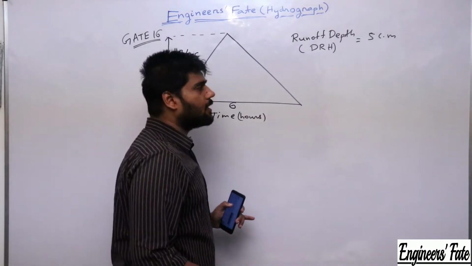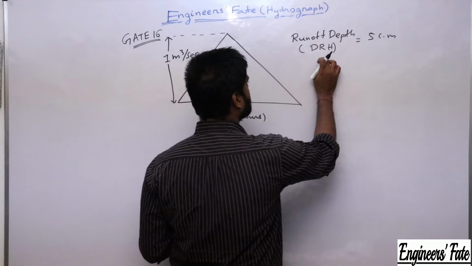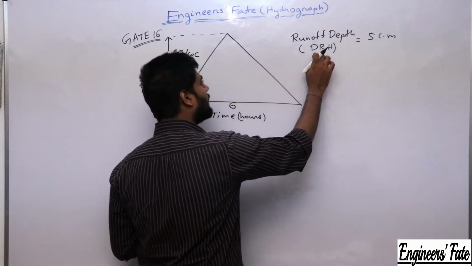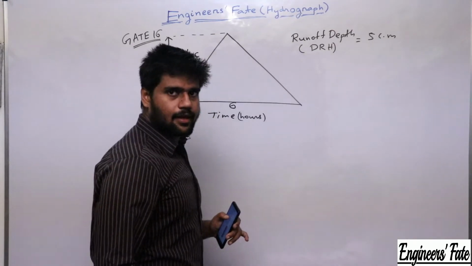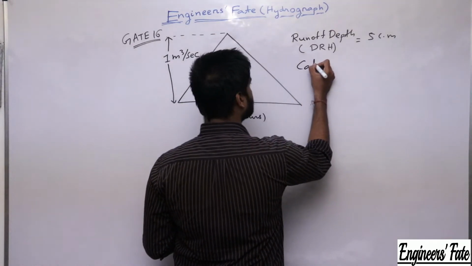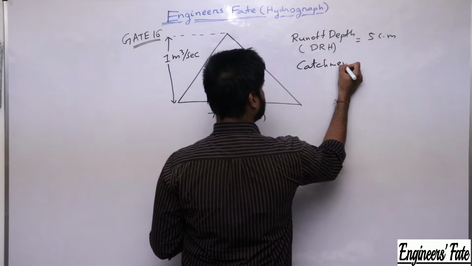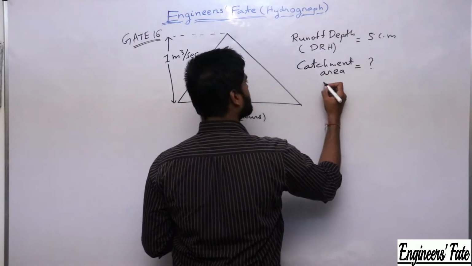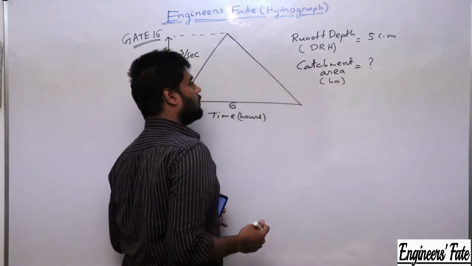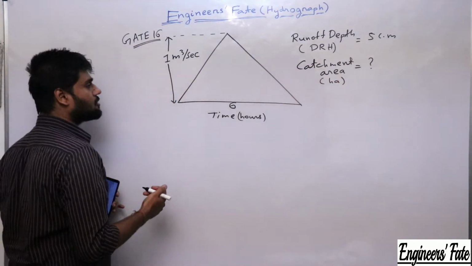Another data given in the question is that the runoff depth of the direct runoff hydrograph is 5 centimeter. He is asking us what the catchment area will be in hectares. So let's find the catchment area.